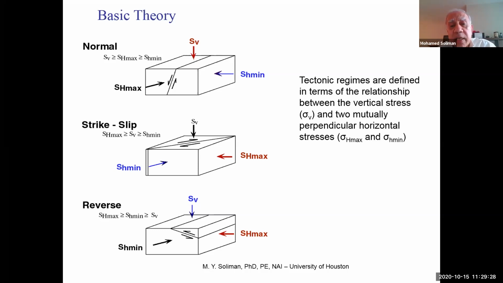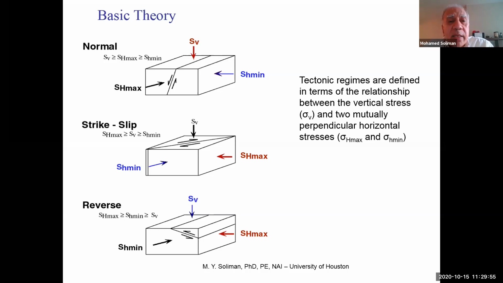I've seen a case like this in South America, and unfortunately we never got the data. I wanted to get the data very badly because it was a very interesting, different situation than what you see, and it has its signature when you run testing and logging. You see a different signature of the horizontal fracture, so you don't see that very often.